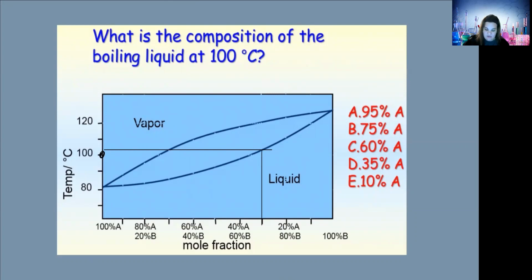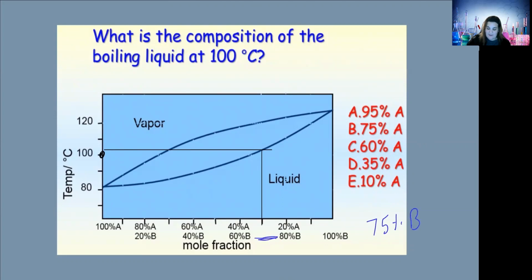And if you take a look at that, we fall at about 75% of B, right? They're asking for the percent composition of A. So there's a few different ways we could answer this. We could say that this is 75% B, right?